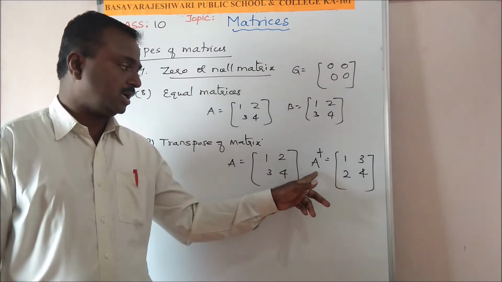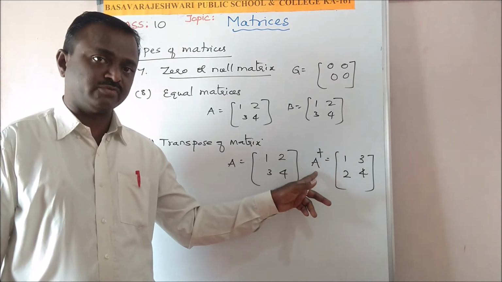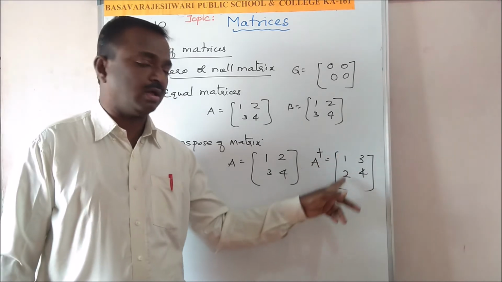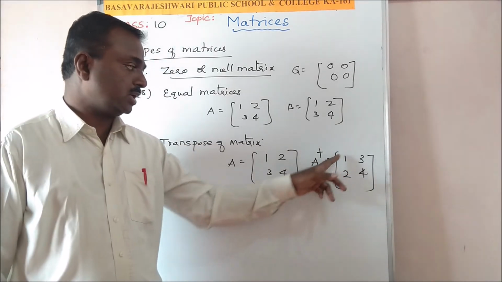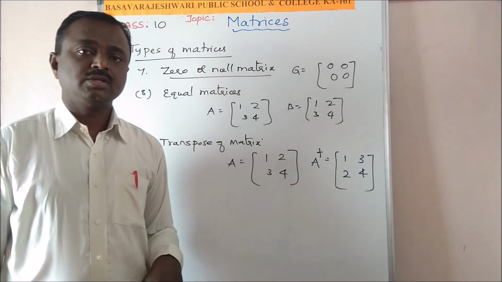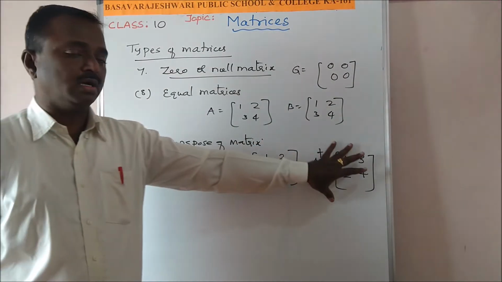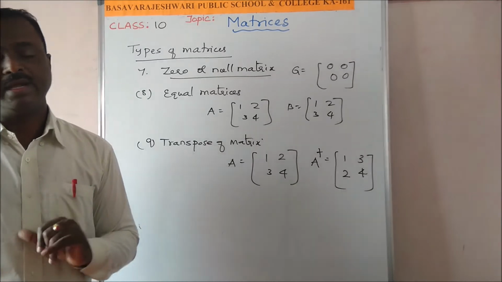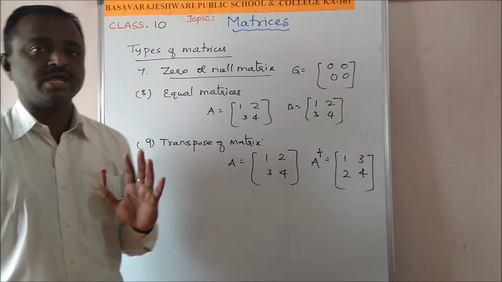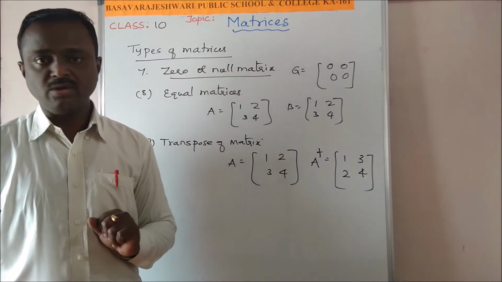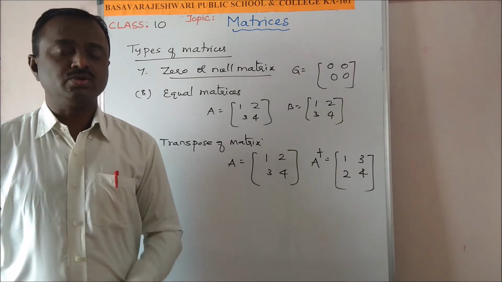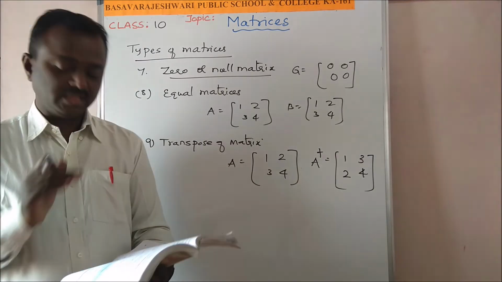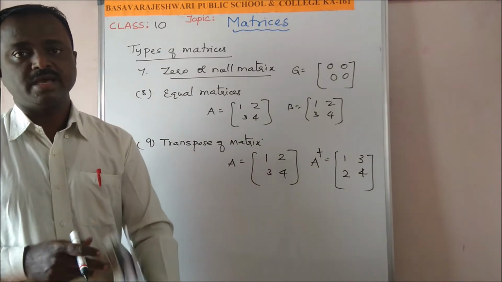In the transpose of the matrix, I am writing all the elements of the row in column-wise. Such a type of matrix is called the transpose of a matrix. So remember these different types of matrices we have discussed. Now we will move on to the exercise based on the basic concepts. Exercise number 9A.